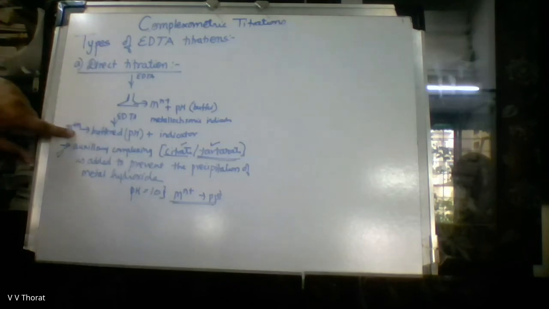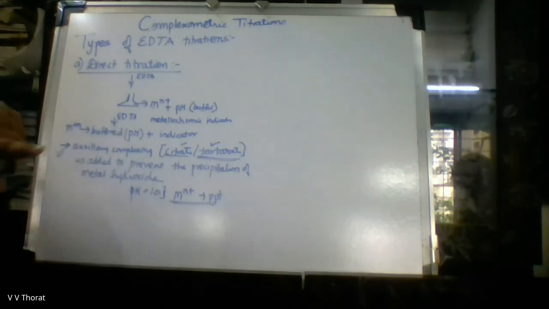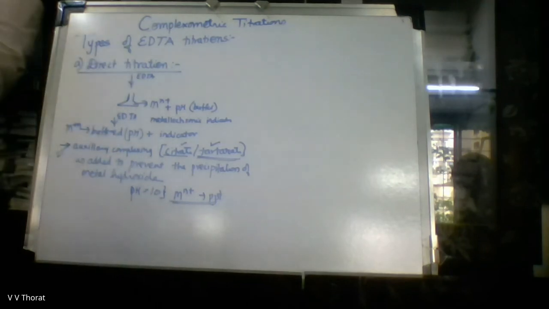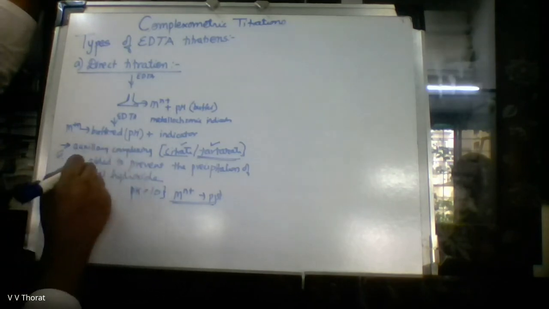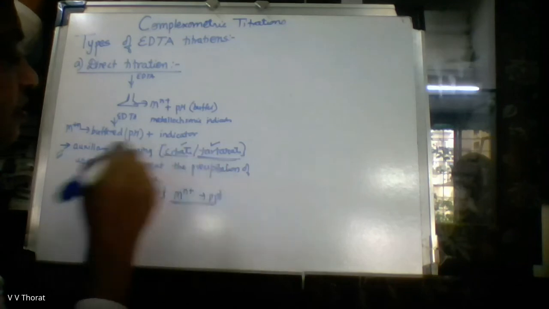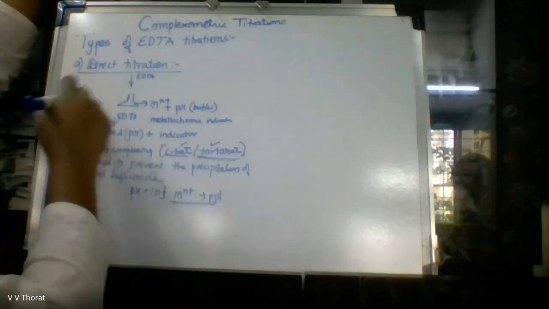You will write metal ion solution is buffered at a desired pH, indicator is added and titrated against EDTA. Very important, auxiliary complexing agent is added to prevent the precipitation of metal hydroxide. Full 2.5 marks.